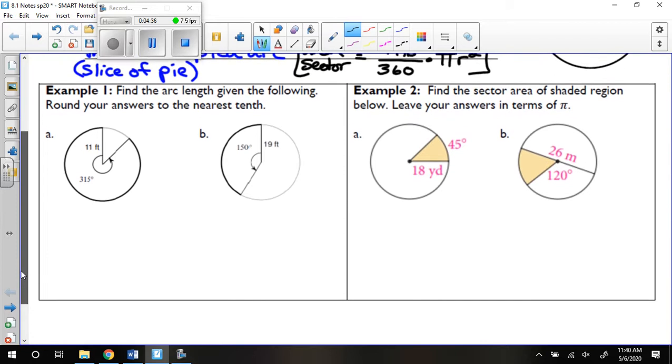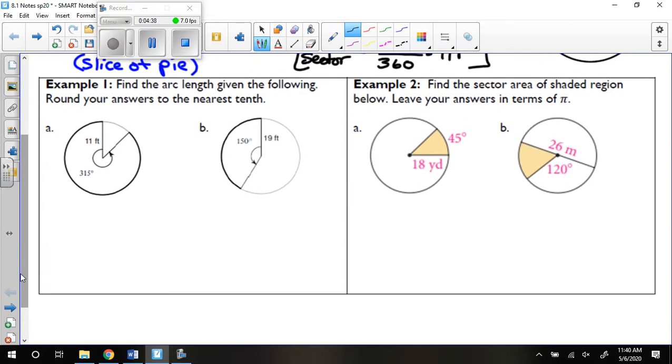Okie dokie. So in our first set of examples, we are told to find the arc length of the following and round your answers to the nearest tenth. So for part A, we are told that we have a 315 degree central angle.